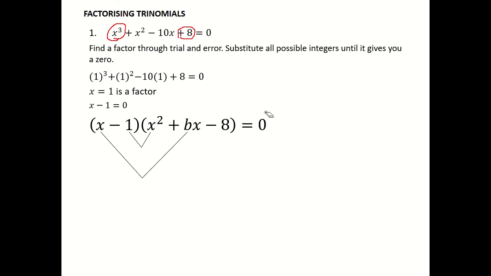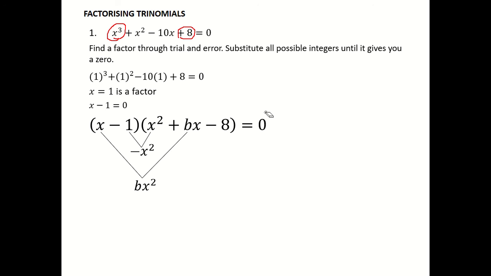For me to be able to find the middle term of the trinomial, I have to use this formula, where I will take a -1 multiplied by x squared, and that will give me minus x squared. And I took x multiplied by bx, and I got bx squared.